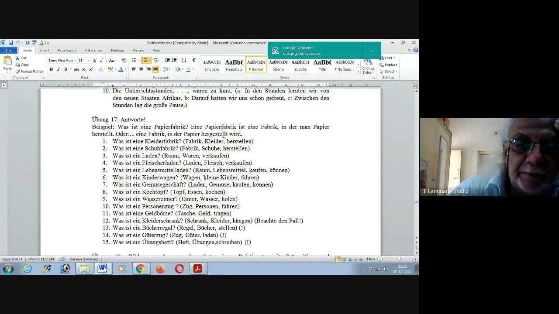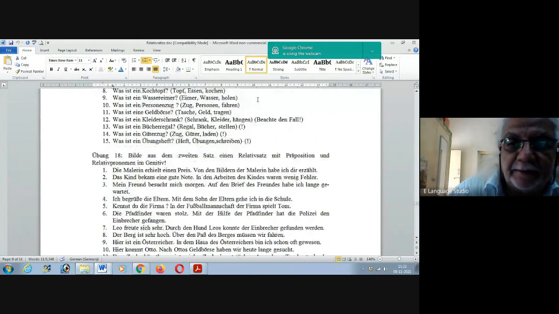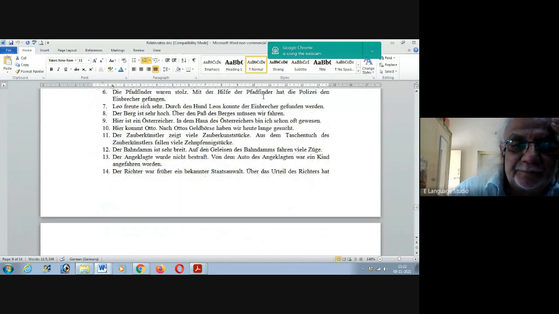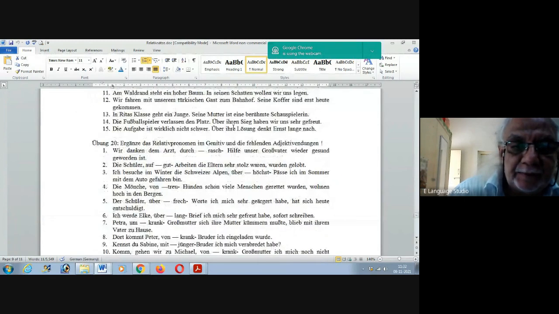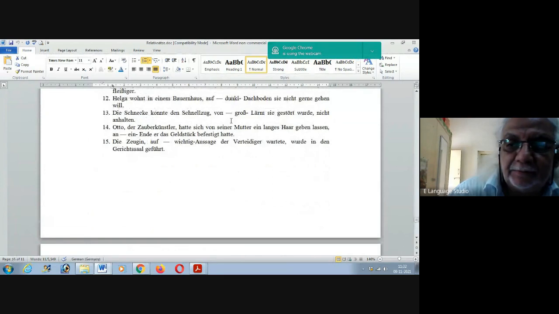So, Papierfabrik. Eine Papierfabrik ist eine Fabrik, factory, in der man Papier herstellt. Was ist eine Kleiderfabrik? Eine Kleiderfabrik ist eine Fabrik, in der man Kleider herstellt, und so weiter. There's also one with genitive. So there are plenty of exercises for you to do till the end.